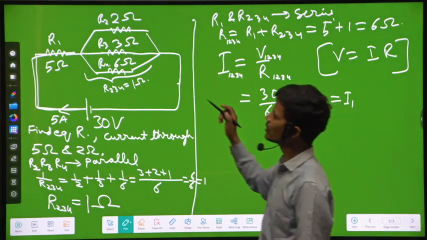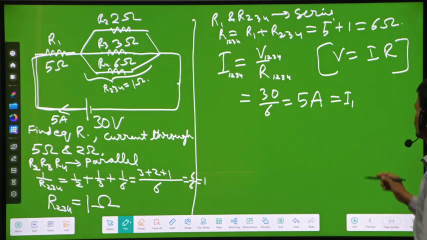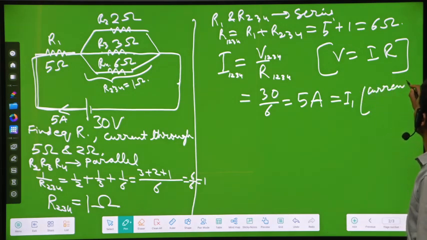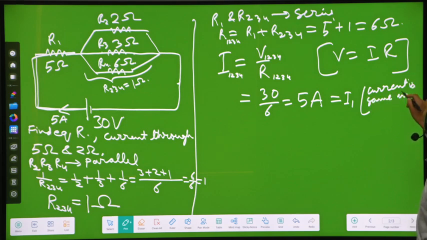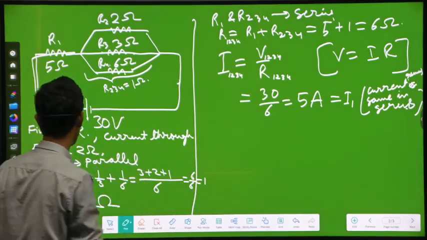What is I1? The current through R1, because current remains the same in series. All right, so first this part we have done.